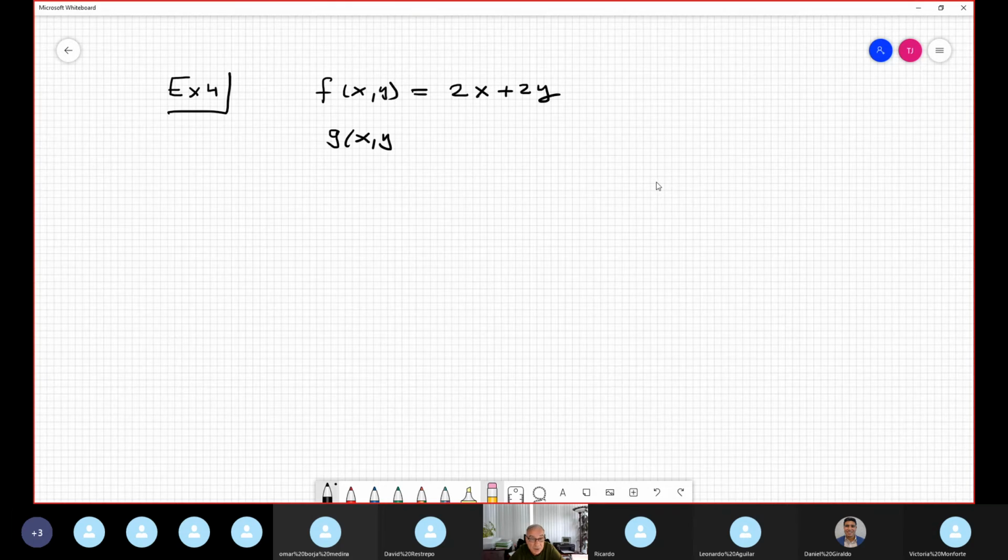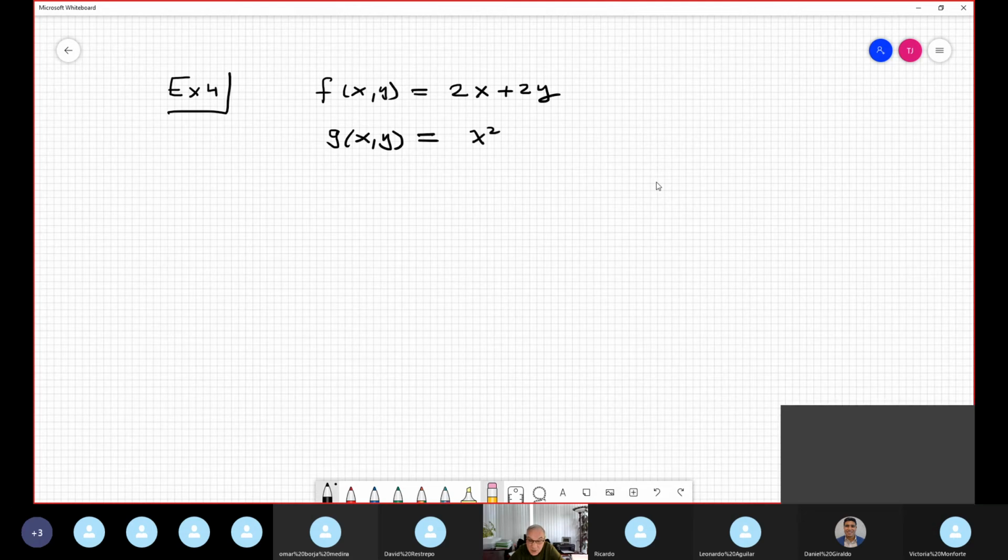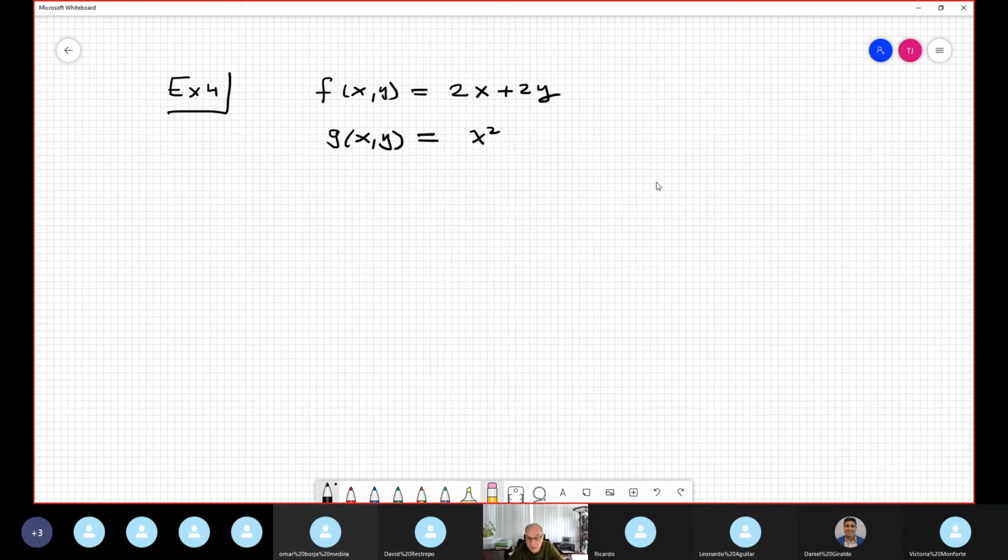And the constraint is x squared. Rectangular prism, no. A rectangular prism is not a surface. Well, yes, you have a surface, but that is a solid, no? This is a surface. It's a plane. This is a plane, yes or no?